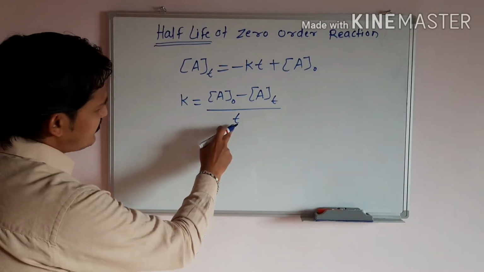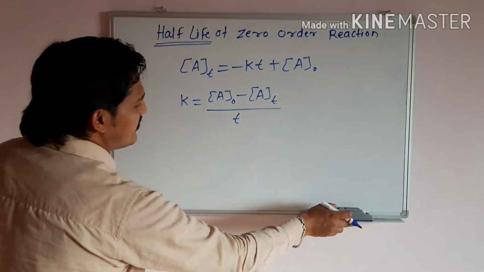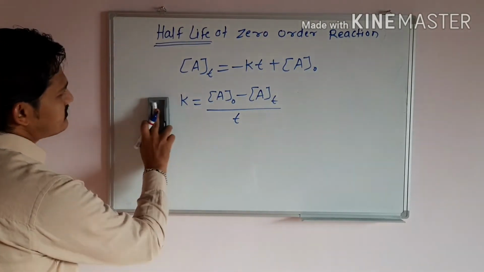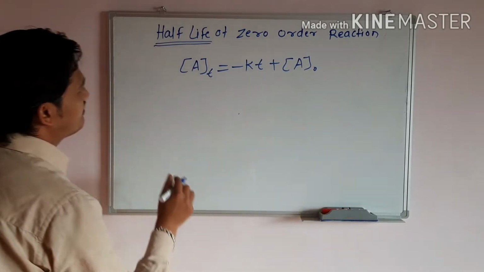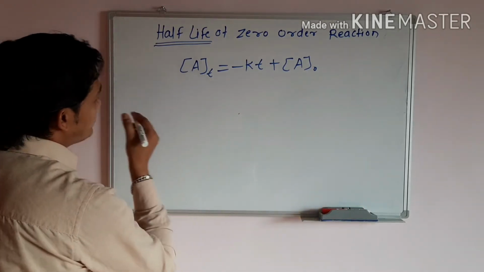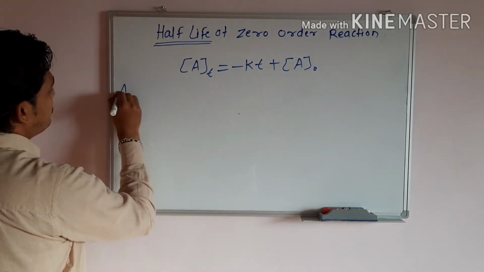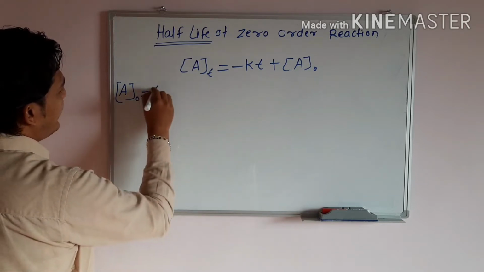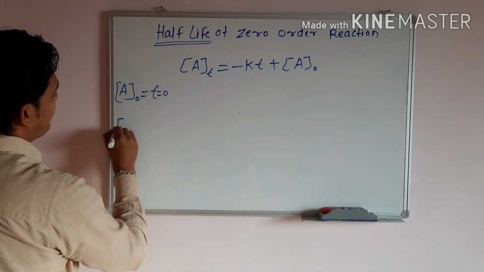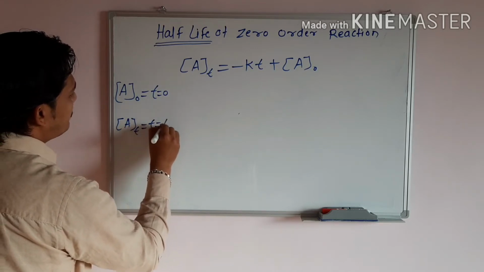You can use this formula also. The answer must be the same, so don't worry about that. I am using this formula. Let us see. AT means final concentration. A0 is the initial concentration at time 0. AT is the final concentration at time t.